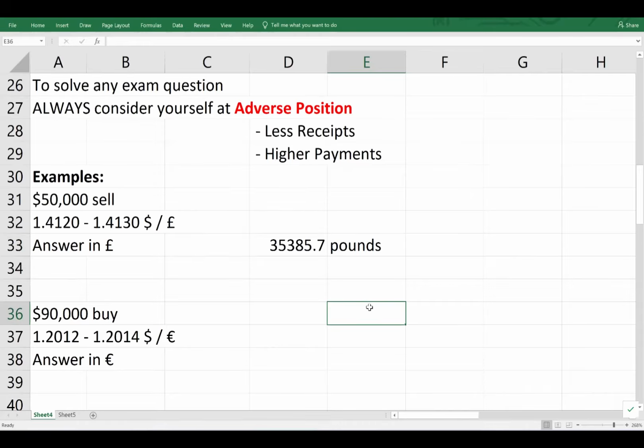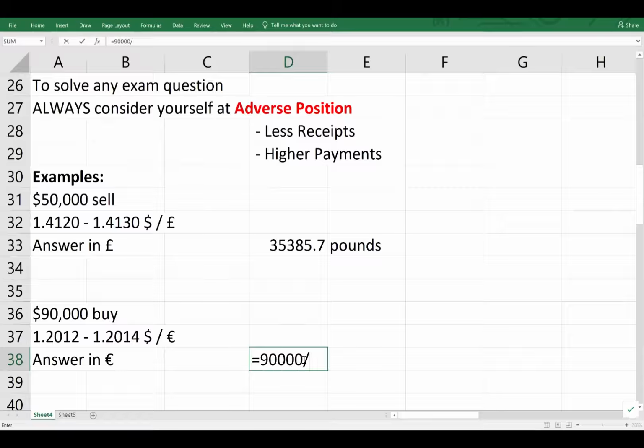Okay, second. Yeah, it's a division case again. It's a payment. So for payment, use a rate that will increase your payment. You need to see yourself in adverse. You have to pay more, you have to receive less. So you will use the rate. It's a division case. 90,000.